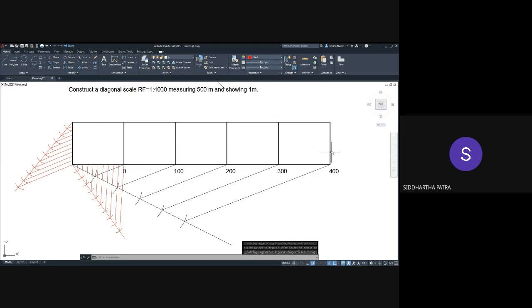Now, the vertical length is not of any specific dimension.